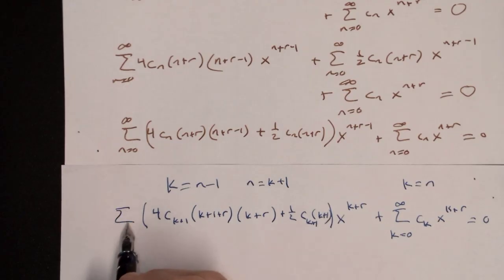And now I have a summation where k goes to infinity, but where does it start?